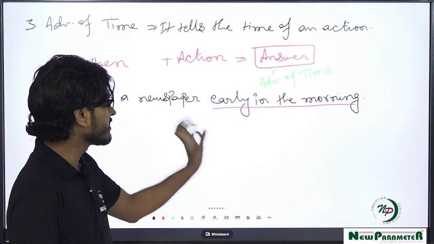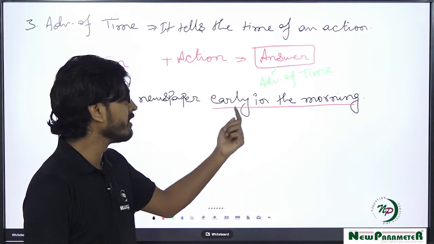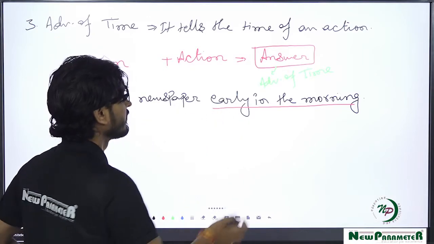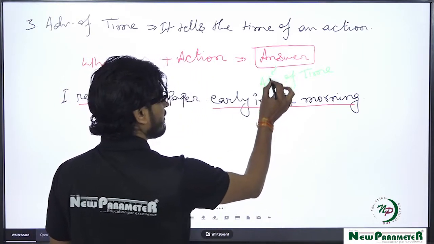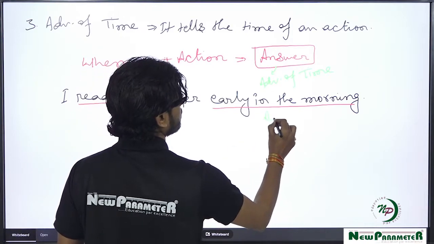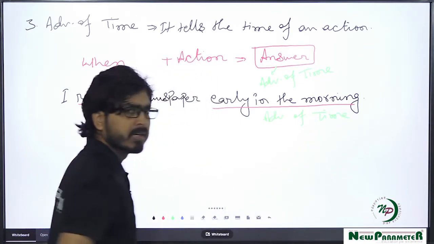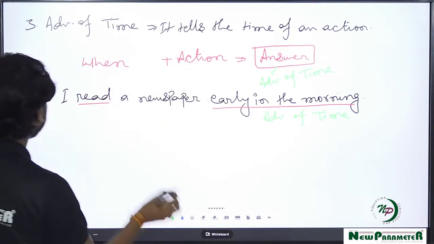But I must include early also. Why I have included early also, we'll say it in the later part. So early in the morning will be what? An adverb of time. It is very easy. Now we'll see the fourth point.